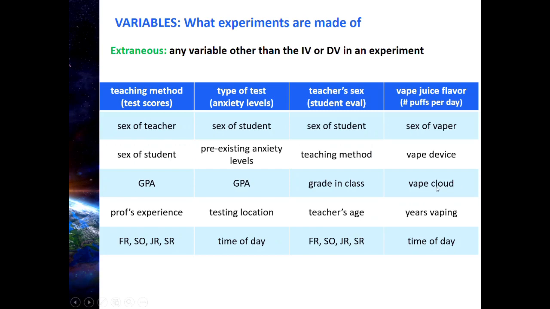Some devices, when somebody puffs on that device and then exhales, it creates this gigantic cloud, and others are far more discreet. What about years somebody's been vaping for and time of day? So these are all extraneous variables that could be present in that particular study.